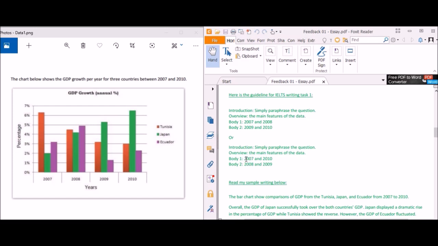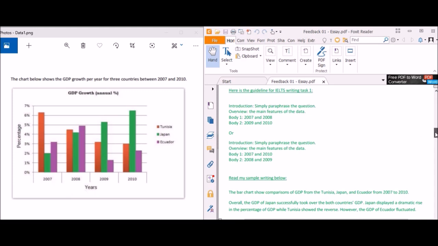Then the first body, you can use 2007 and 2010, here and here. Why? Because this is the first and this is the last. And the second body is 2008 and 2009, the middle years.